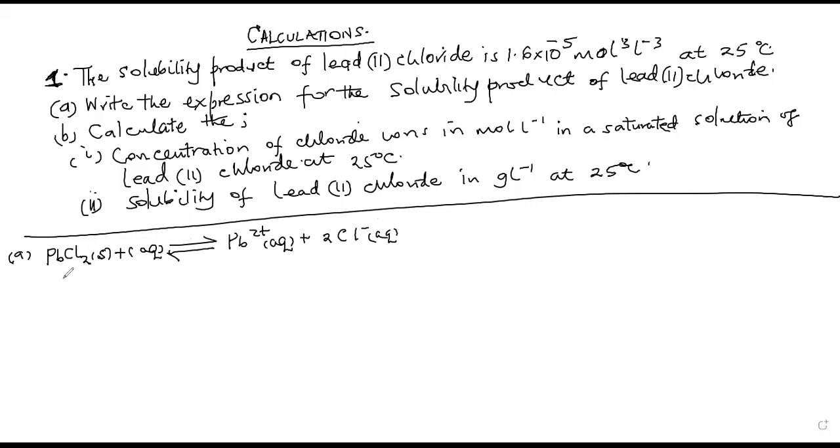Then the expression Ksp is going to be equal to the concentration of lead raised to the power 1 times the concentration of chloride ion raised to the power 2.